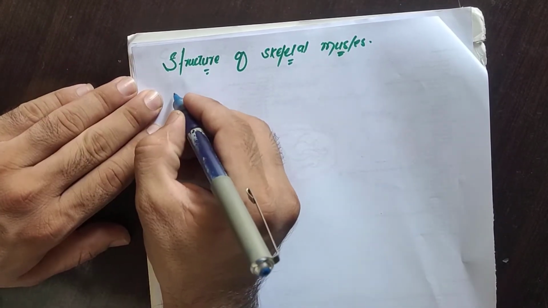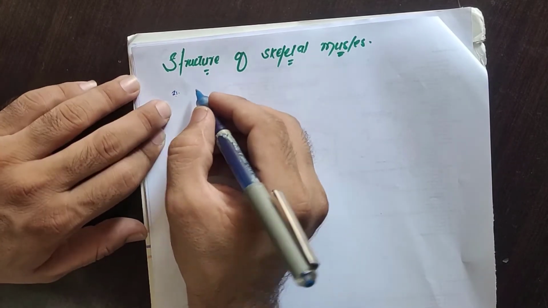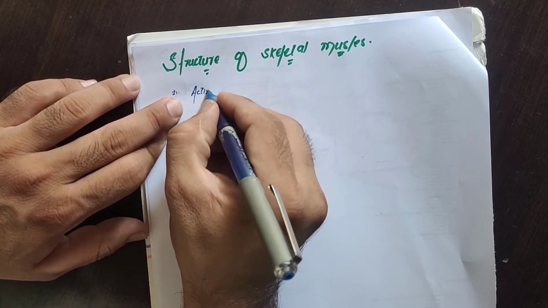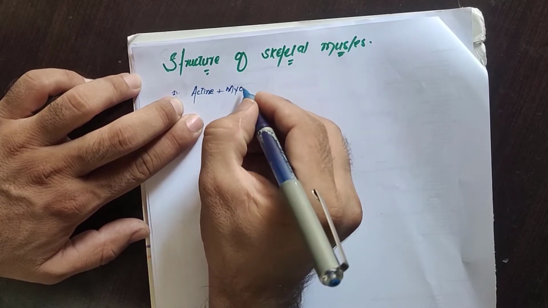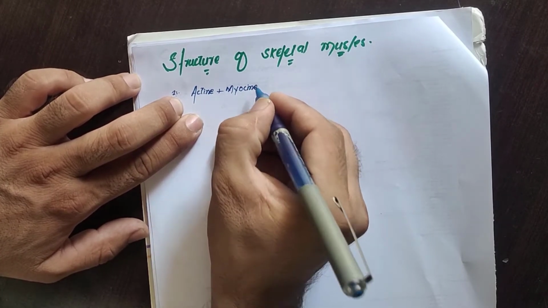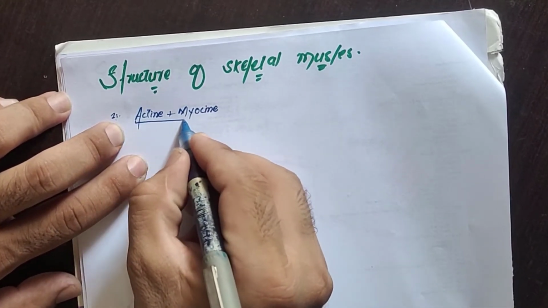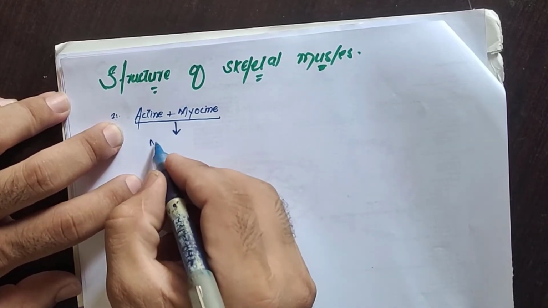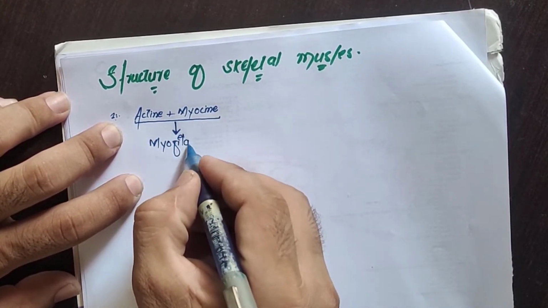So first of all, there are the combining units which we call the myofilaments, or we call them actin plus myosin, right. These actin and myosin combine, and they make myofilaments, right friends, myofilaments.